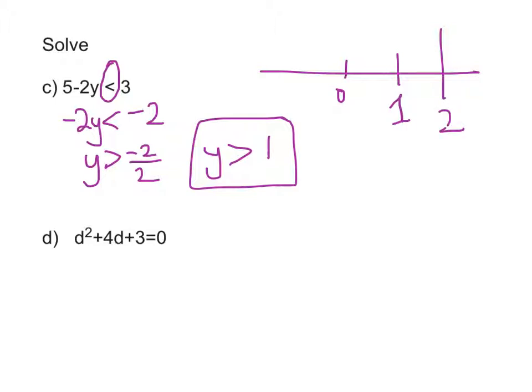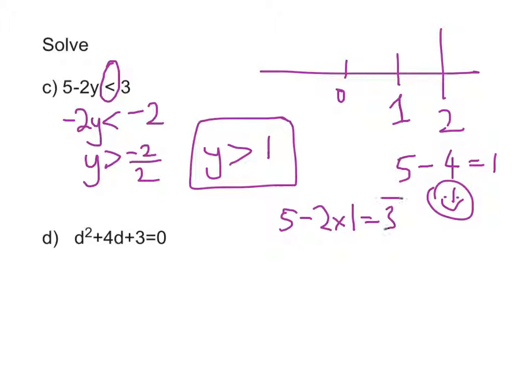Well, we have 5 minus 2y, so 5 minus 4 is equal to 1, and that's less than 3. So that makes us happy that we've got our sign the right way around. And if we put in 1 exactly, we'll see that it's the switching over point from negative to positive. So 5 minus 2 times 1 is equal to 3. Okay, so we're happy with that.